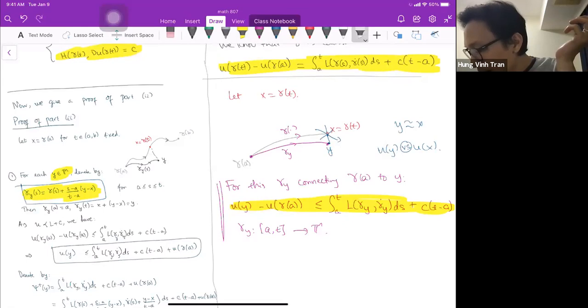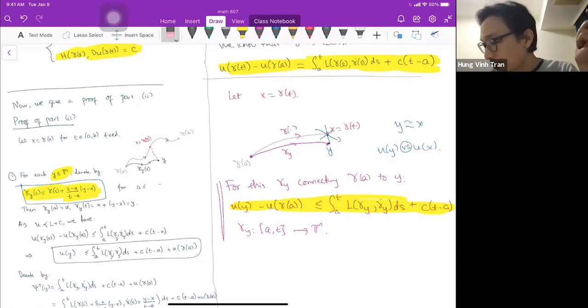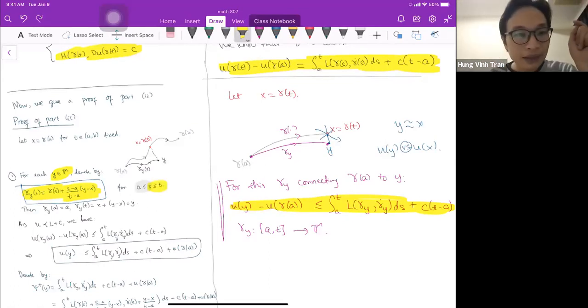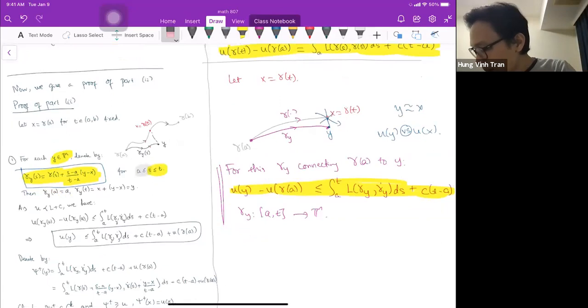You see that when s equals a, the second part is 0. And when s equals t, then s minus a over t minus a equals 1. So that gives me exactly y minus x, right? So I'm just rewriting what I wrote down there.